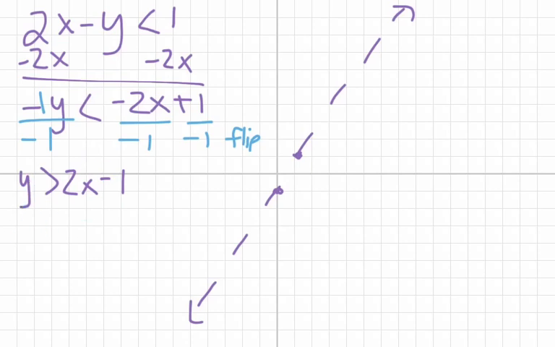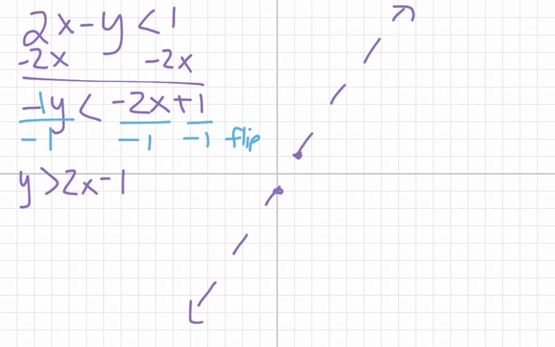So here's the little shortcut. Once you have it in this form, and you have the y by itself, so you have to have y by itself. You can't have y messing around with other stuff, okay? Once you have the y by itself, y is greater, okay? So picture the y-axis right here, and you think, all right, y is greater than the line. So here's the line.